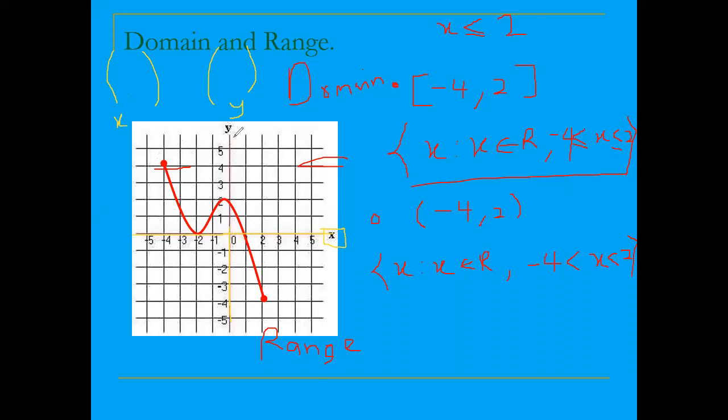The values of Y. So when it comes to the graphical display, if we want to determine the domain of a function, it will be the values of X for which you can find the graph. Okay, let me put it that way. So the values of X over the graph.